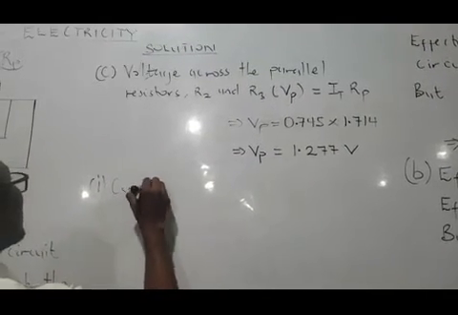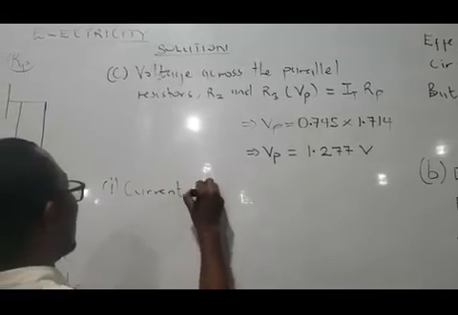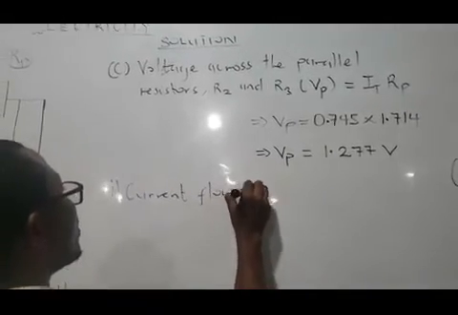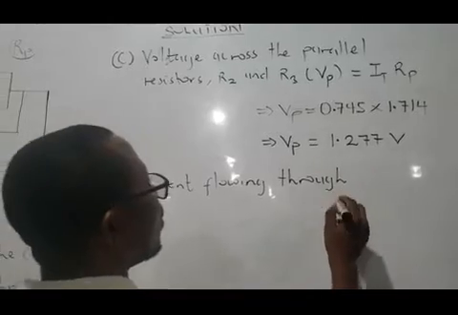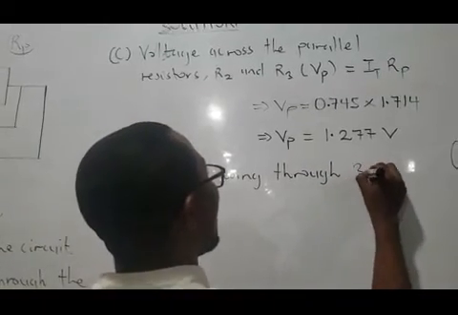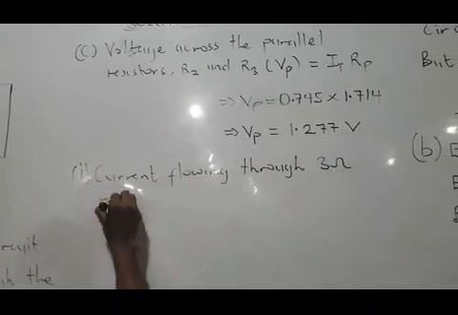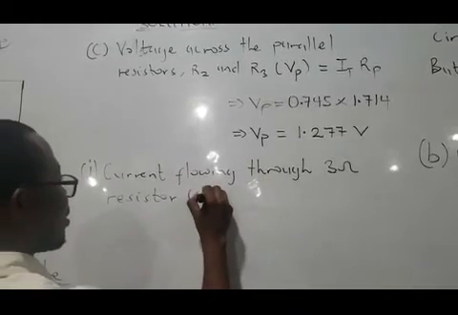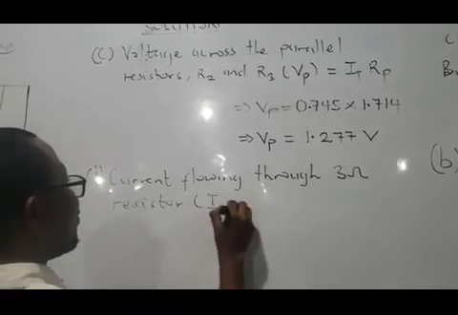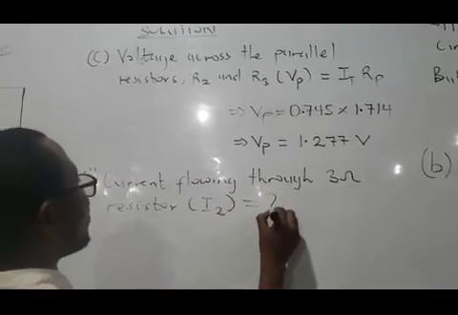So the current flowing through the 3 ohm resistor, we've labeled it as I2.